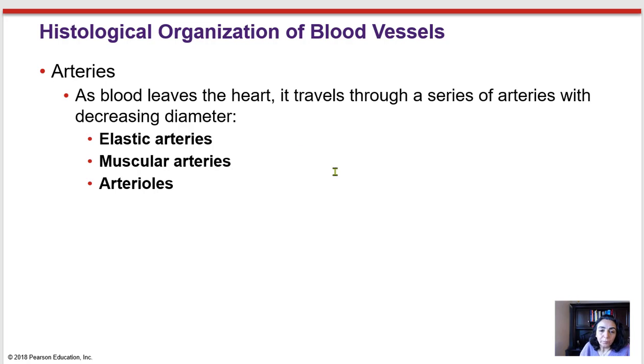So starting from the arteries, I have explained this part a little bit in the first video. We said that arteries, by definition, are the vessels that bring the blood out of the heart. So always pay attention to this definition. We're not referring to the amount of oxygen in any vessel to call it an artery or vein.